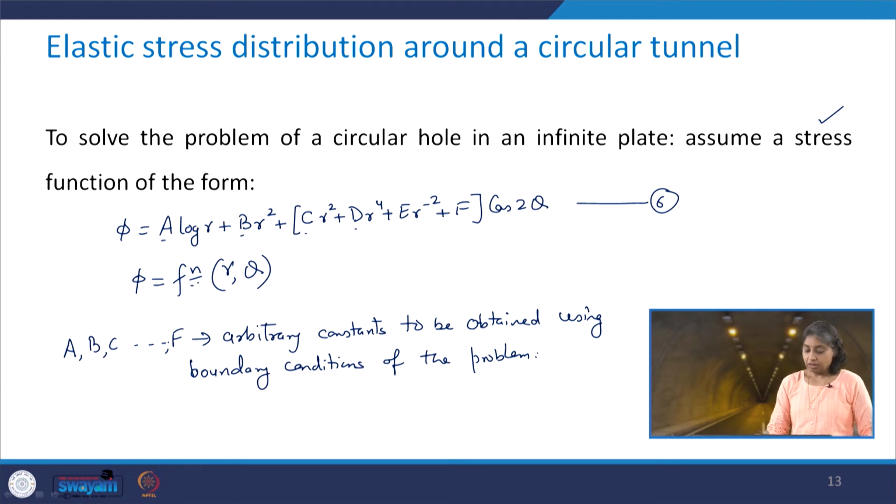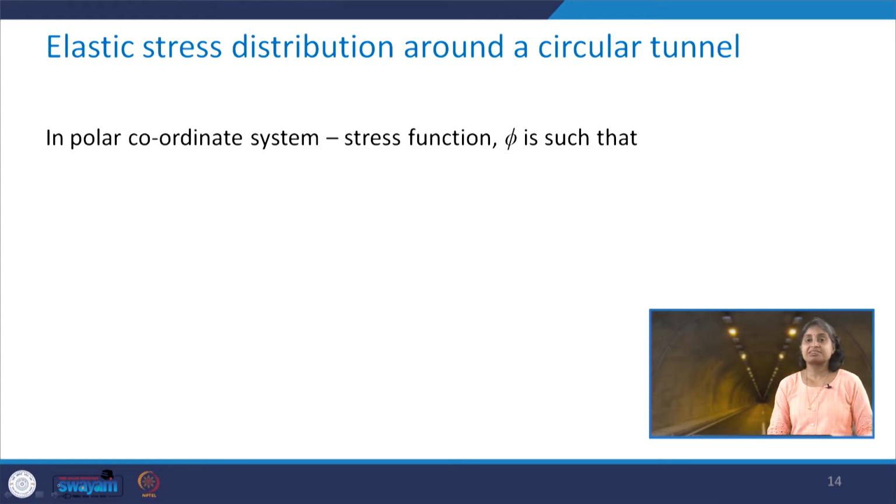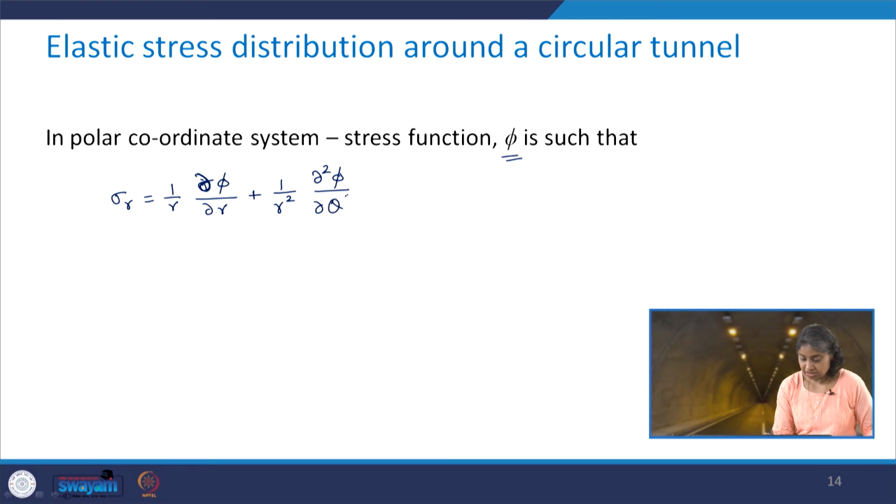So, now in the polar coordinate system, the stress function phi is such that sigma r is equal to 1 upon r del phi del r plus 1 upon r square del 2 phi del theta 2. So, this is 7a. These are the basic equations in the theory of elasticity.